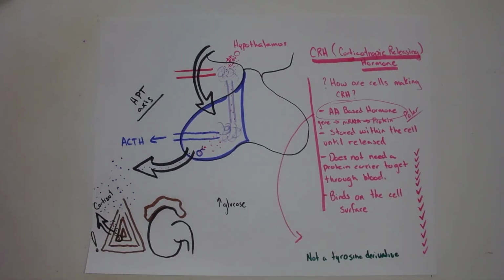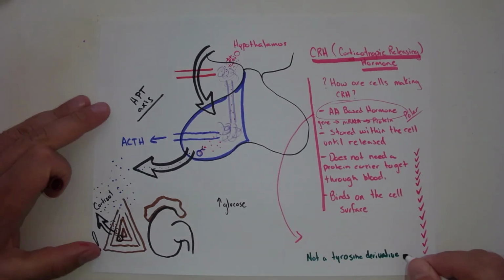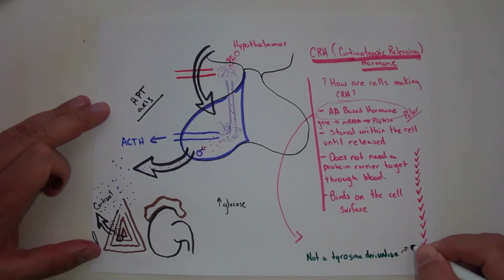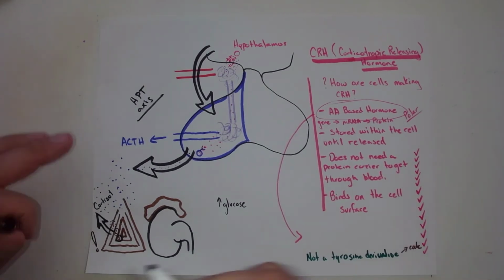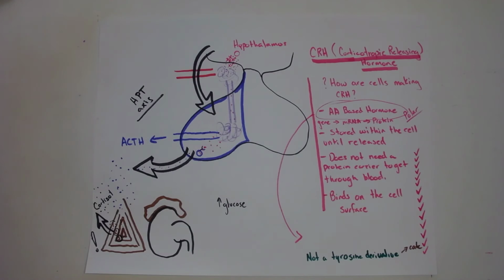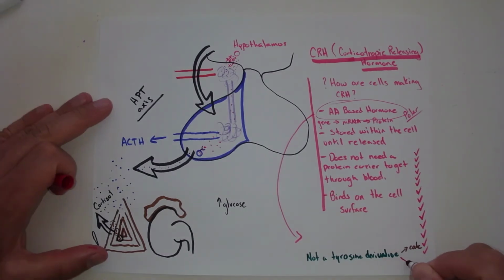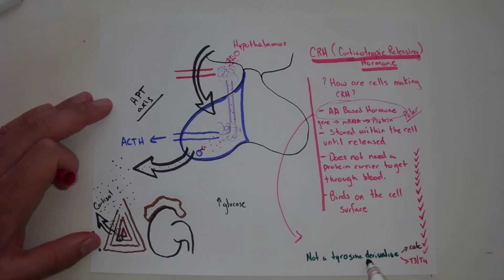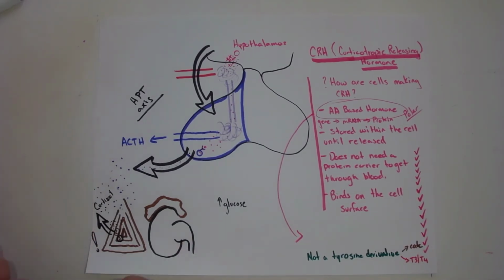Those are epinephrine and norepinephrine, the catecholamines, and the thyroid hormones, T3 and T4. It is not T3 or T4. It is not epinephrine, norepinephrine, the catecholamines.